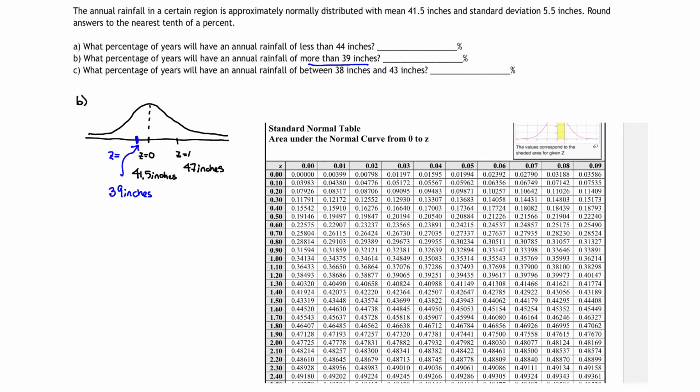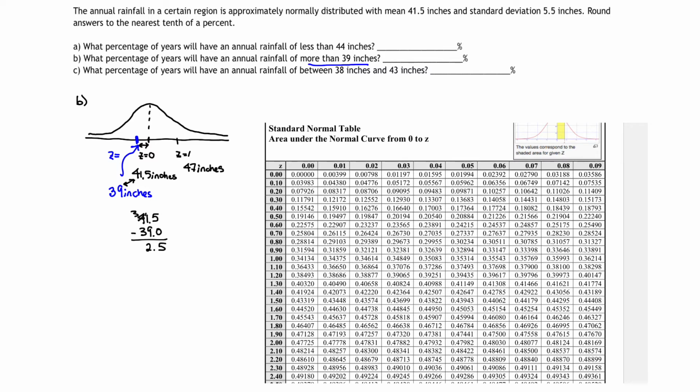Well, what do we know? The distance between z equals 0 and this other z value is the difference between 41.5 inches and 39 inches. If I subtract 41.5 minus 39, I get 2.5 inches, correct?